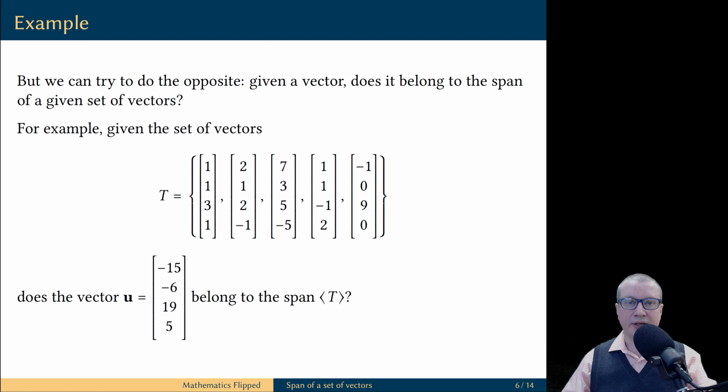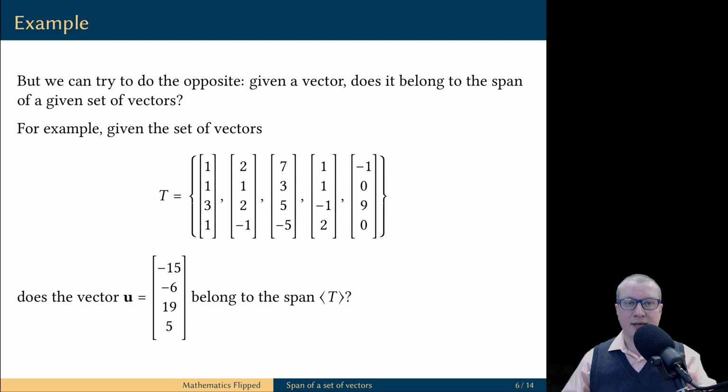Now, constructing examples of vectors from the span was easy. What about the opposite problem? We are given a certain vector and we would like to know if this vector belongs to the given span.